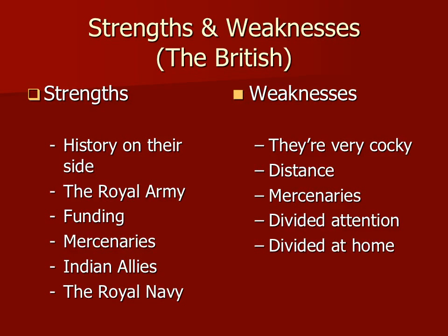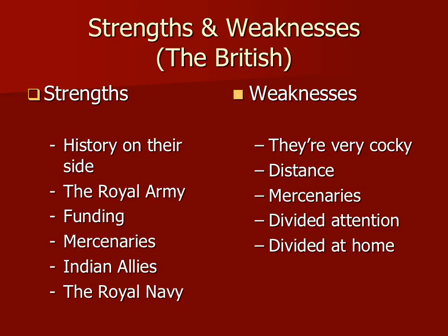The fifth is Indian allies. In this conflict, in spite of the promises made by the Americans, most Indian tribes in North America decided to side and ally themselves with the British. A lot of scholarship has been written as to why this was the case.